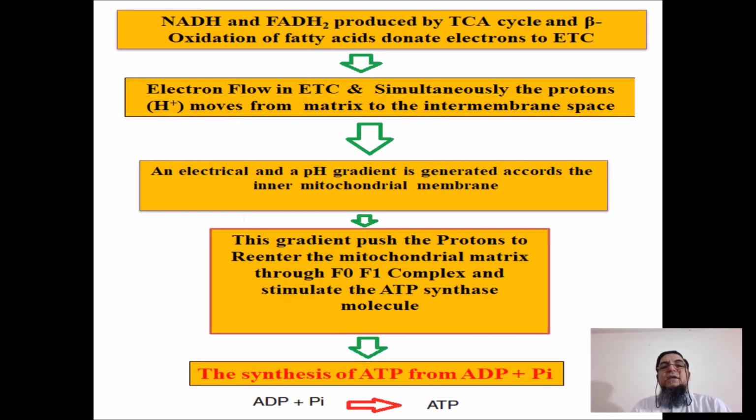So what will happen here? NADH and FADH2, which are produced by the TCA cycle or beta oxidation, donate their electrons to the electron transport chain. Electrons flow in the electron transport chain. Simultaneously, protons are pumped out from the matrix to the intermembrane space, and then an electrical and pH gradient is generated across the membrane, and this will push the protons to re-enter the mitochondrial matrix through the F0F1 complex.